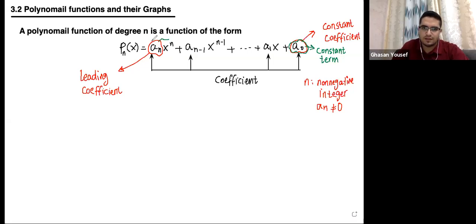And this one with the variable x is called the leading term. So when I say the leading term, it means a n x to the power n, such that n is the degree of this polynomial. Okay.